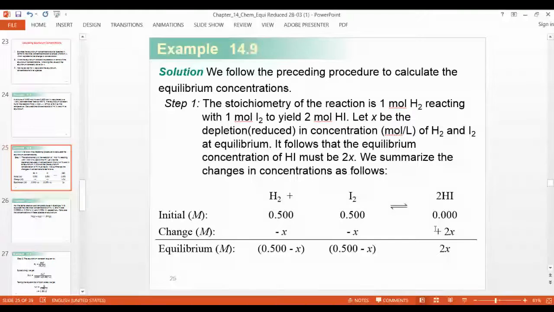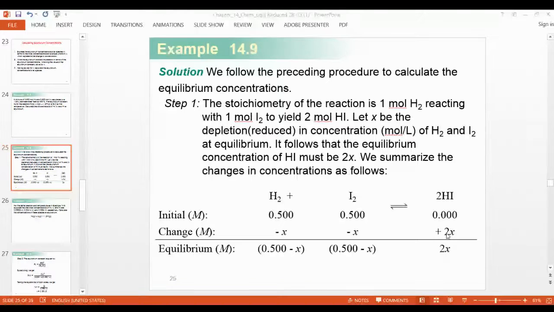And now how much product is formed? We always consider plus, because the product is increasing, and we use the coefficient, so it is 2 times. Suppose X is reduced, so the product is 2 times X, since it is 2 HI per H2 and I2.